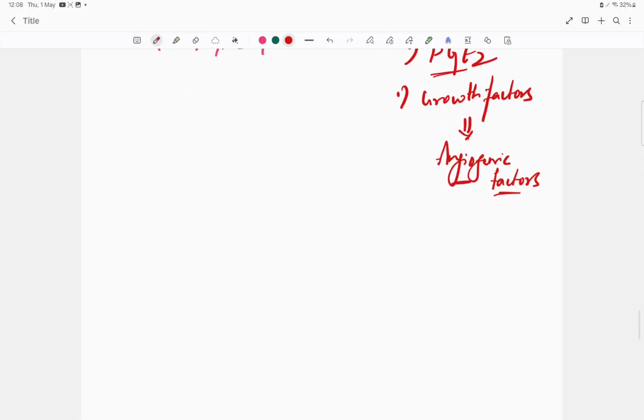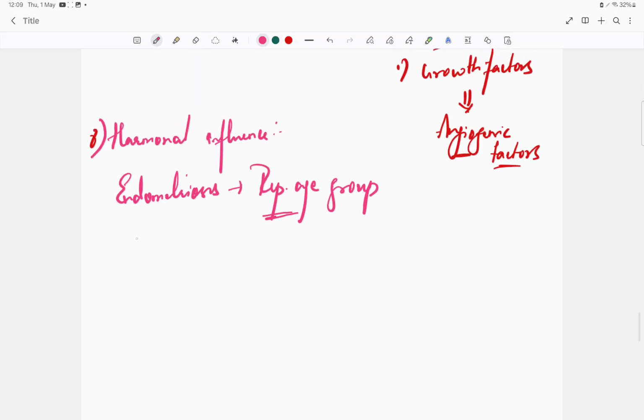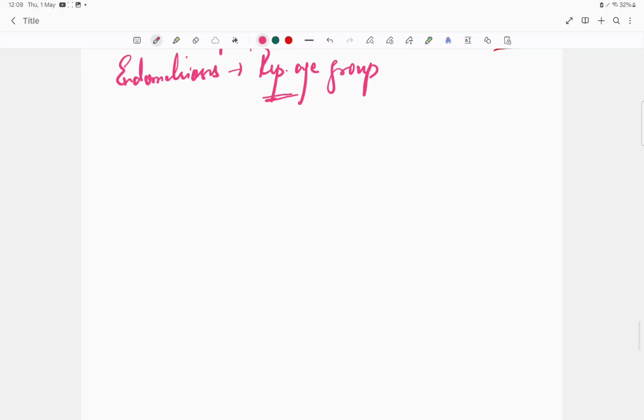Next is hormonal influence. What do we mean by hormonal influence? Endometriosis, I told you, happens especially in the reproductive age group, which means it should be hormone dependent. So what is the major hormone responsible for endometriosis is important.